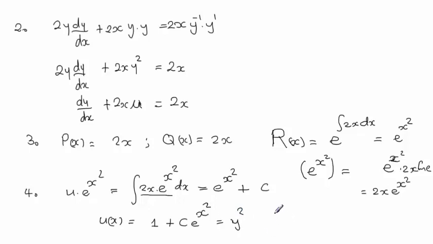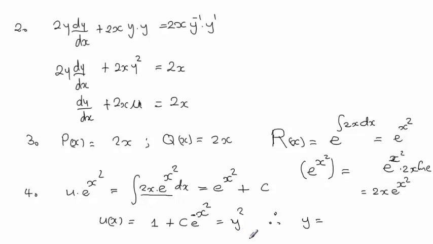So then we can simply say, therefore, y is equal to... there's something strange here. This is supposed to be minus x squared, e to the power minus x squared, because we're dividing by this term on both sides. Divided here to become 1, and then it comes here to be e to the power minus x squared.